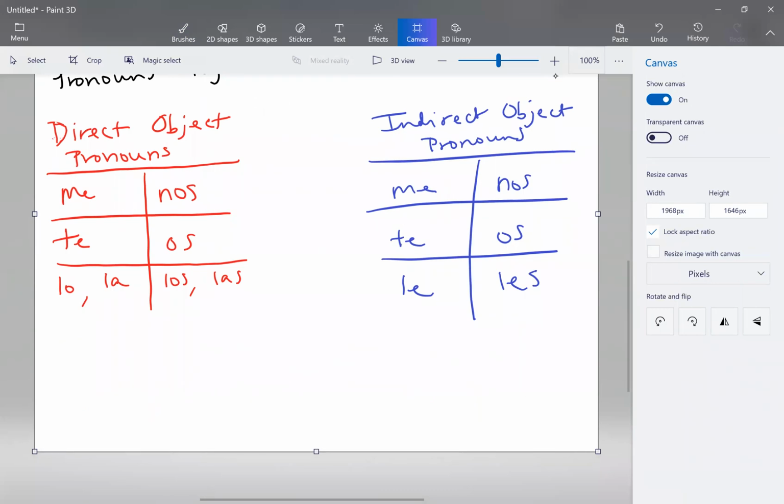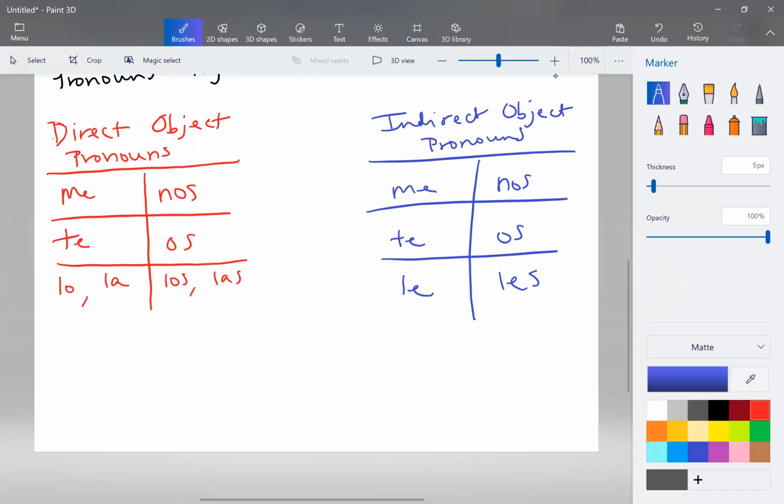Okay. So direct object pronouns completely replace the direct object.